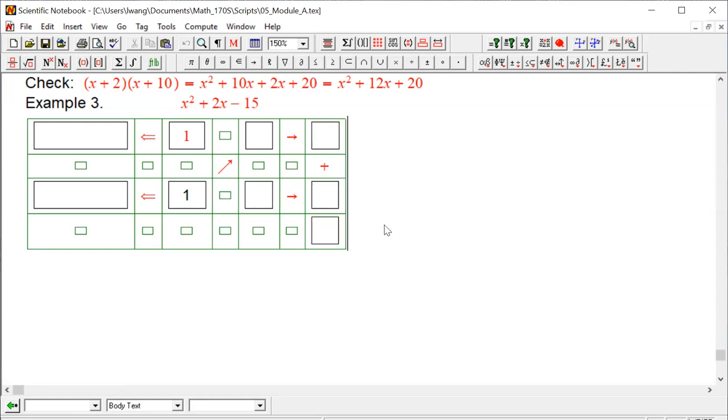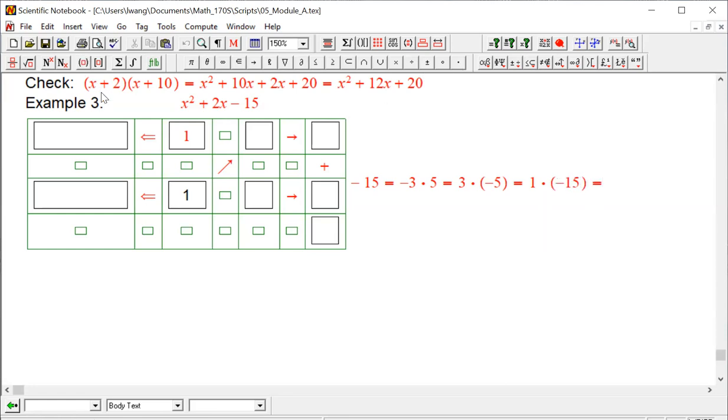Negative 15. Okay, so let's see, negative 15 equals negative 3 times 5, right? It equals 3 times negative 5. It equals 1 times negative 15.